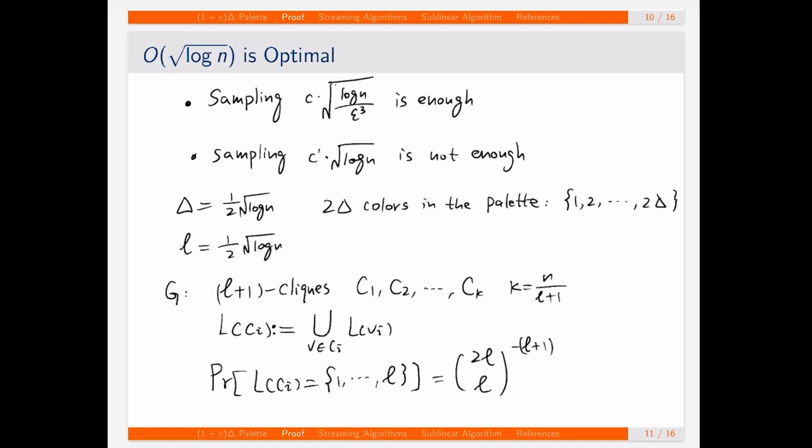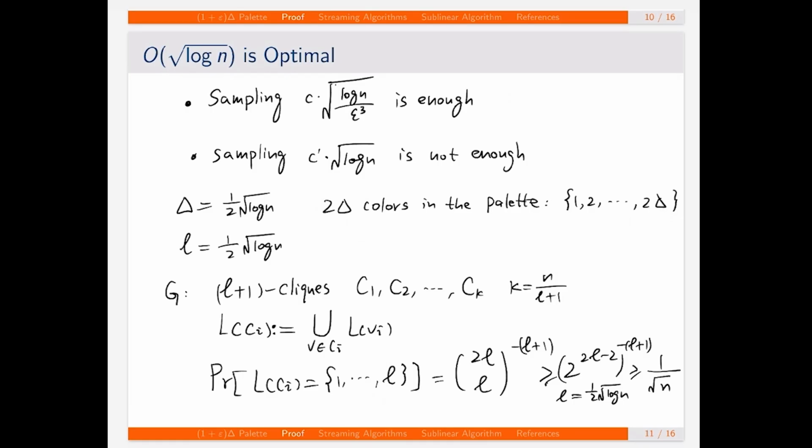Okay, so then it is greater than or equal to 2 to the minus 2L times (L plus 1), and this is greater than or equal to 1 over square root n. This is a very loose bound, but it's enough when we choose L equals 1/2 square root log n.